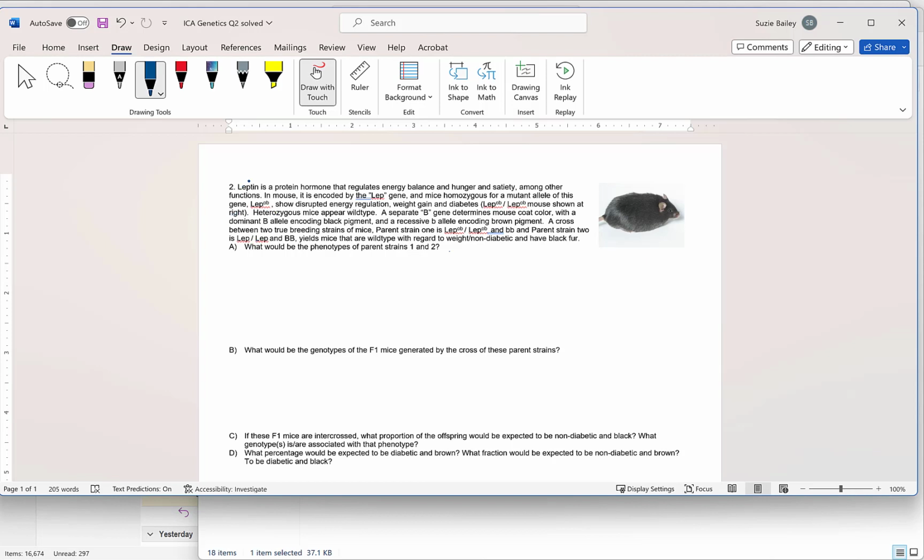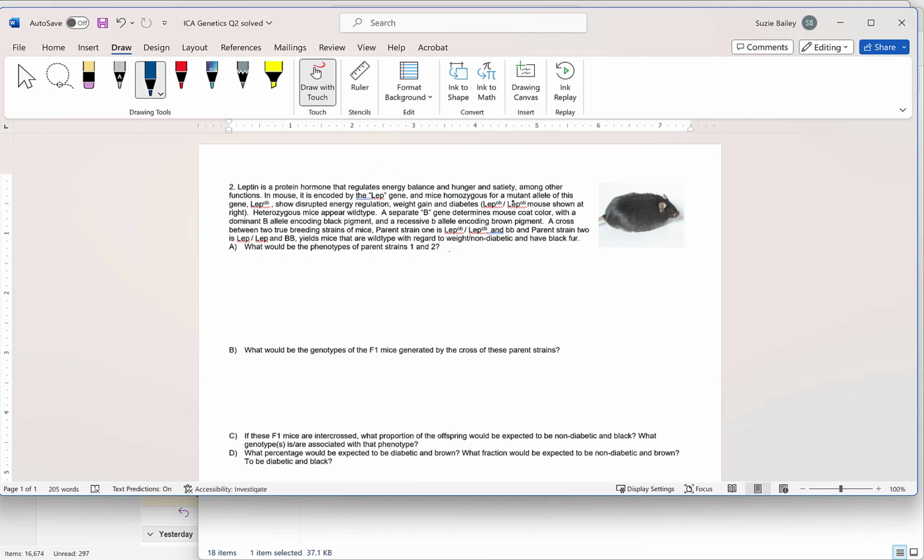This question pertains to a peptide hormone, a protein hormone called leptin, which regulates energy balance and hunger and satiety, among other functions. In mouse, this protein is encoded by a gene called LEP, L-E-P.